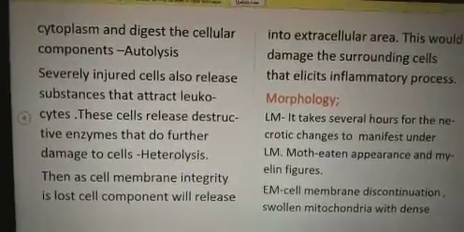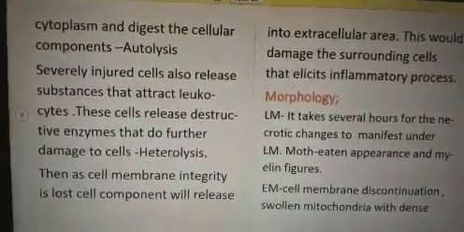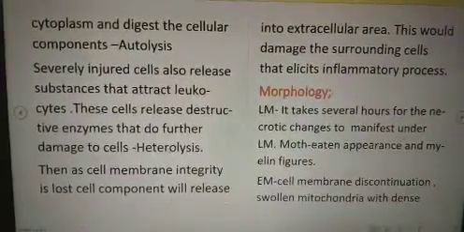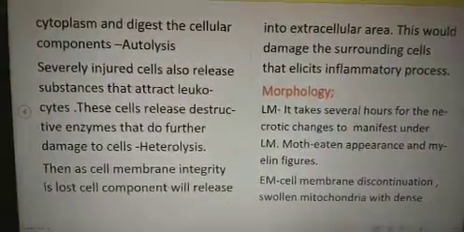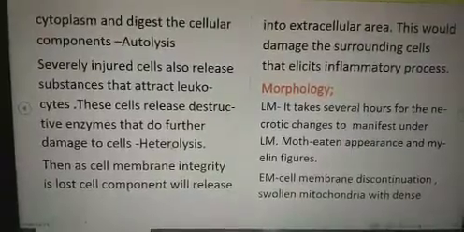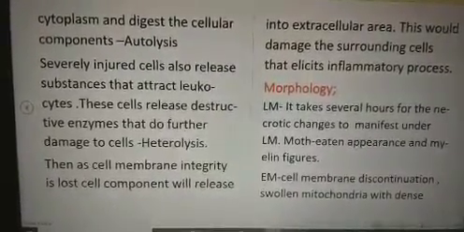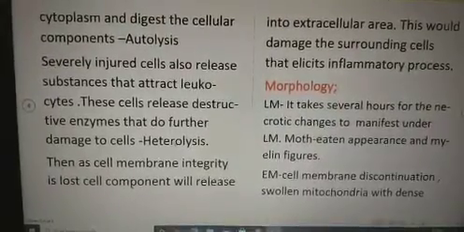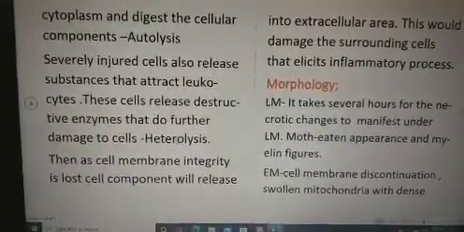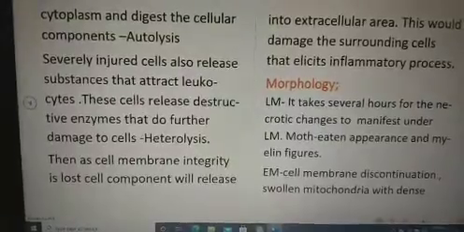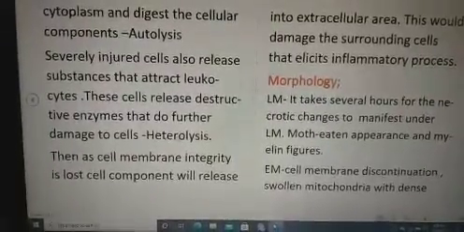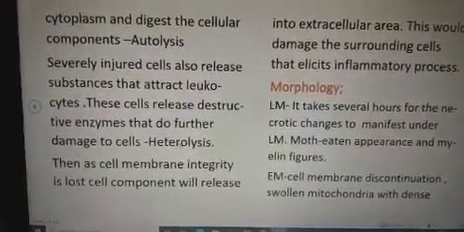As we know, whenever a group of tissues in our body gets injured, no matter what the cause is, that damaged area starts to release different chemical mediators. These mediators attract different immune cells to the area of injury.